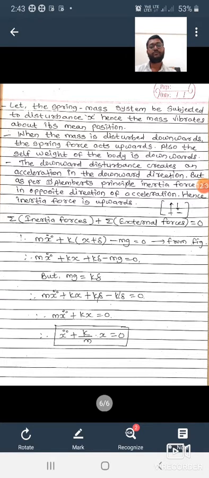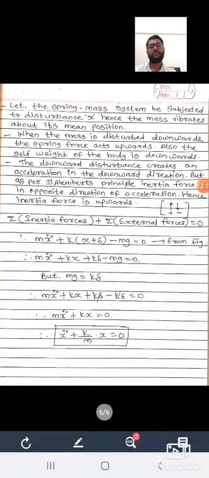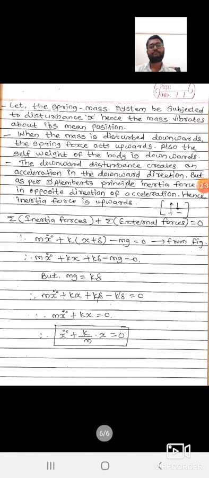Putting mg equal to k delta into the above equation, we get mx double dot plus kx plus k delta minus k delta equal to 0. The k delta terms cancel, and finally we get mx double dot plus kx equal to 0.